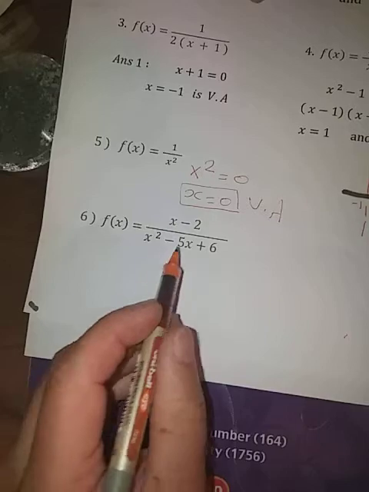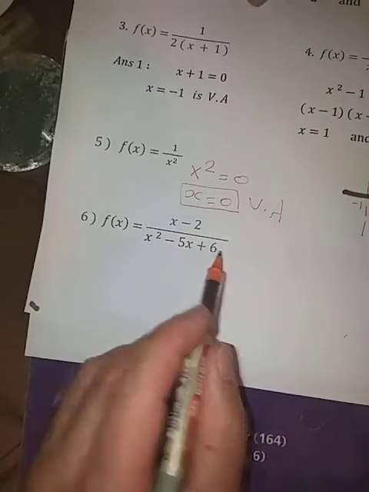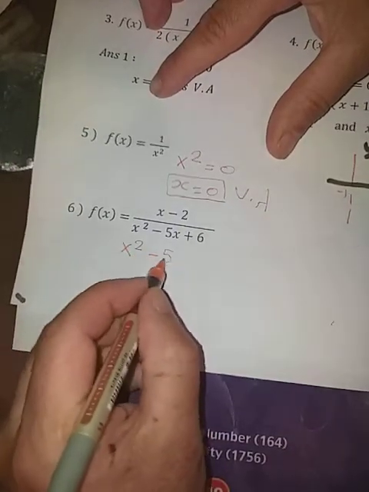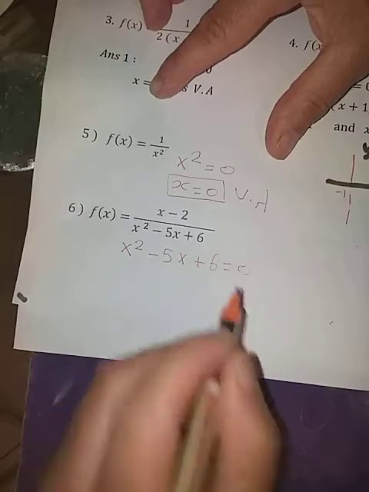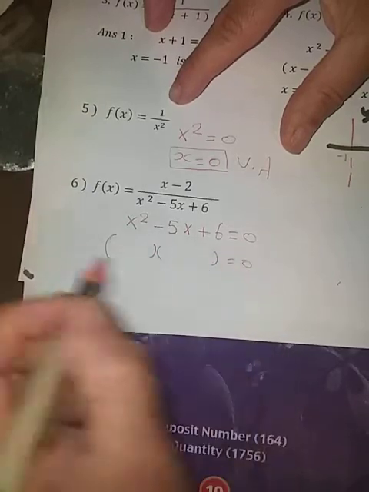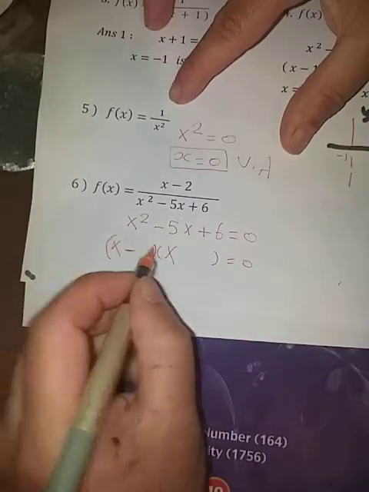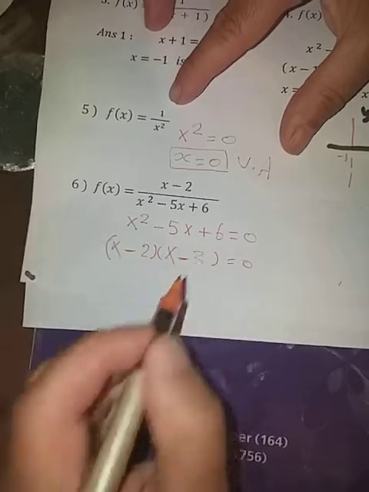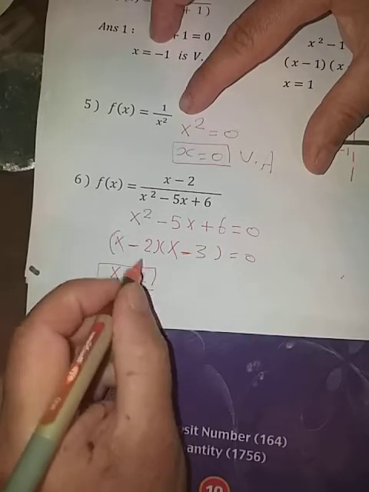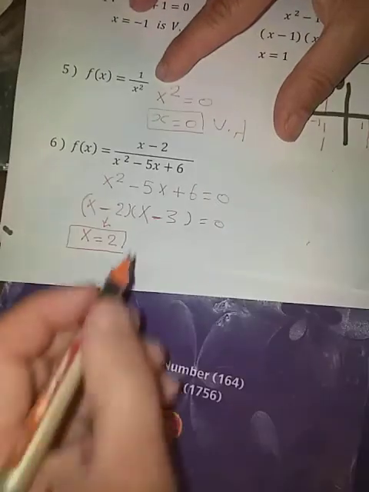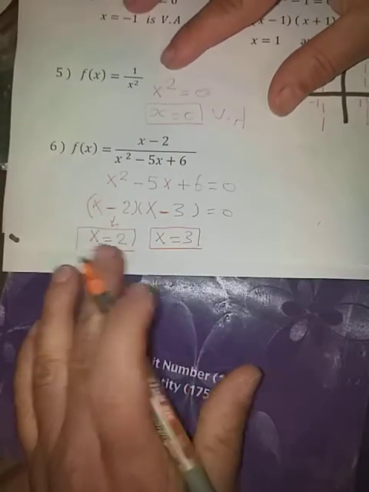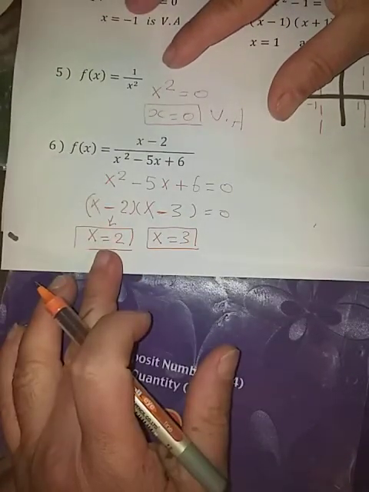Number 6: x² - 5x + 6 equalize to 0. Factorize by testing: (x - 2)(x - 3). From this one, x = 2, and from this one, x = 3. Are both vertical asymptotes?